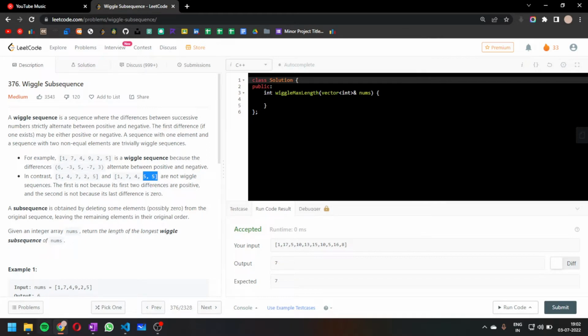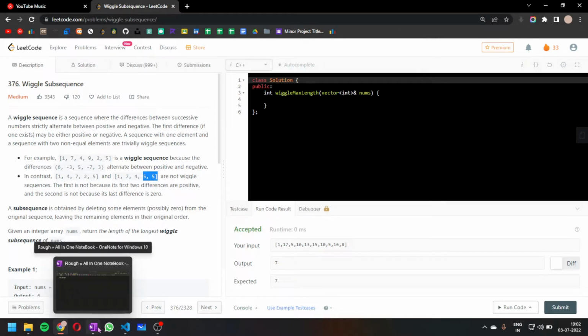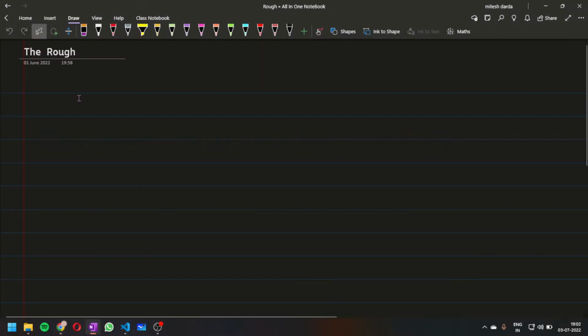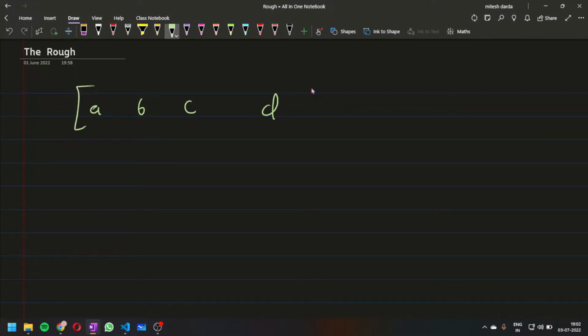The thing about getting the difference positive or negative is that if one number is greater than another, let's say we have a, b, c, d. This is a subsequence, so we are only talking about the subsequence now. Let's say our final subsequence is like this, where a is greater than b, then b is lesser than c, then c is greater than d.